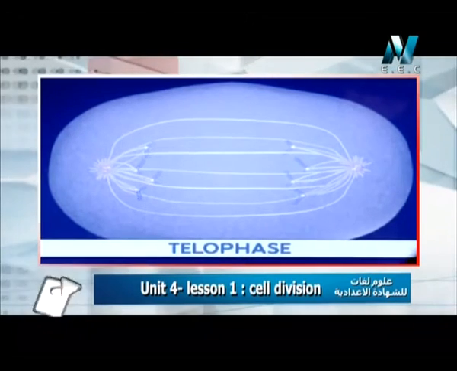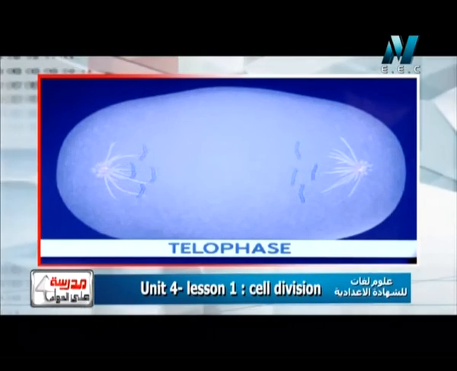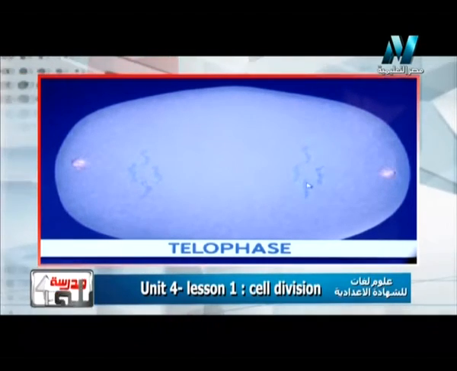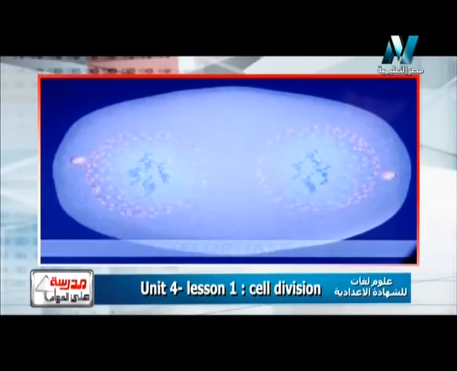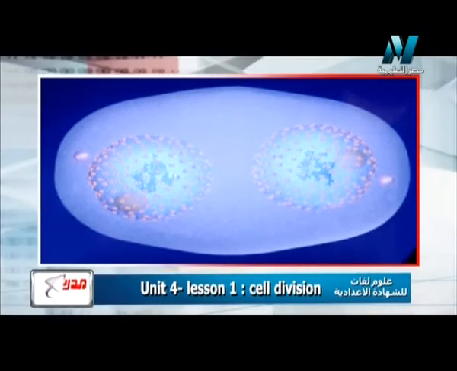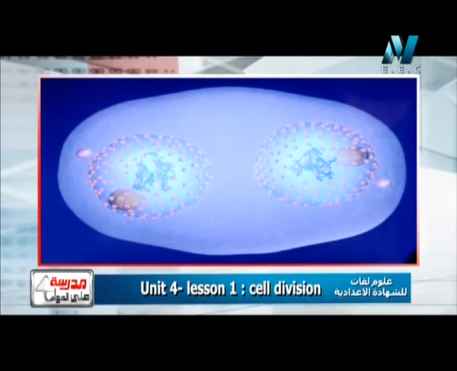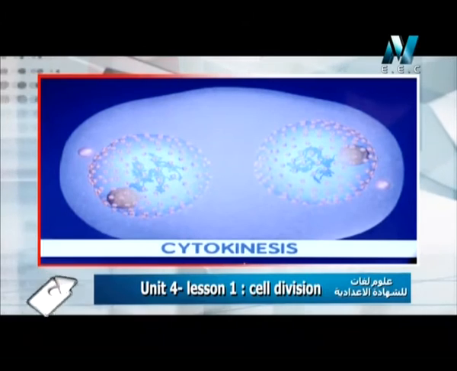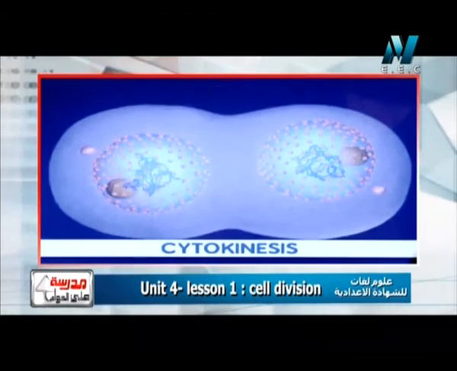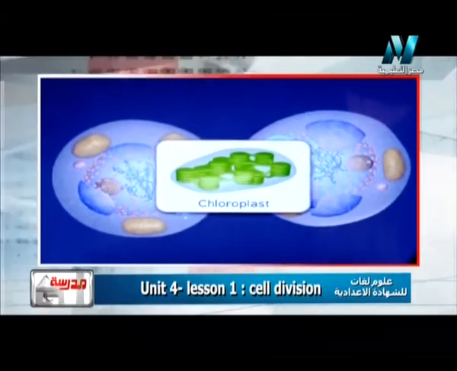And here we have the last stage, telophase. In this stage the spindle fibers disappear, the chromosomes change into chromatin reticulum, the nuclear membrane appears, the nucleolus appears, and we have two cells identical to the mother cell.